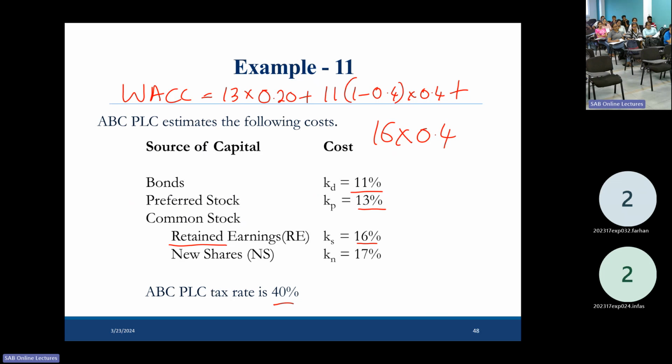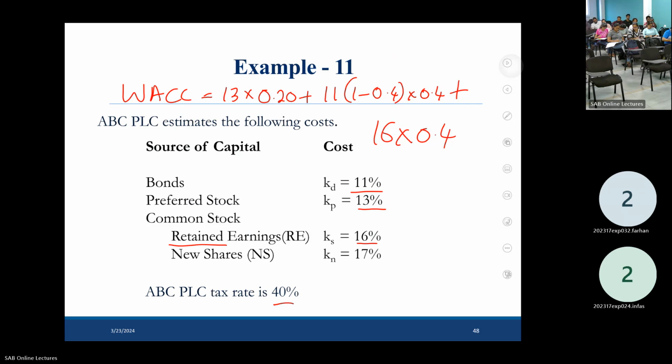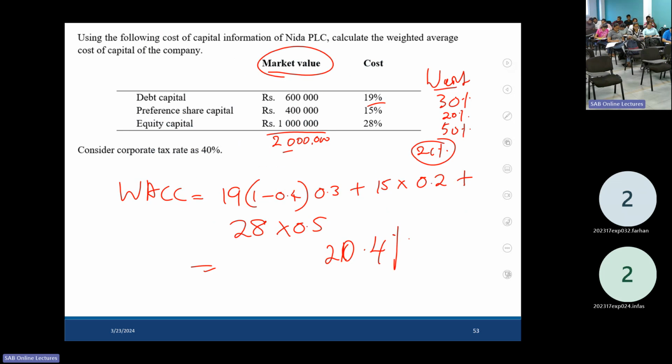You may do better to write down these numbers we require to calculate marginal cost of capital. We are using the same example to understand the MCC. These are the capital structure for the ABC PLC, and the cost of component capital. Then you are given additional information like this.